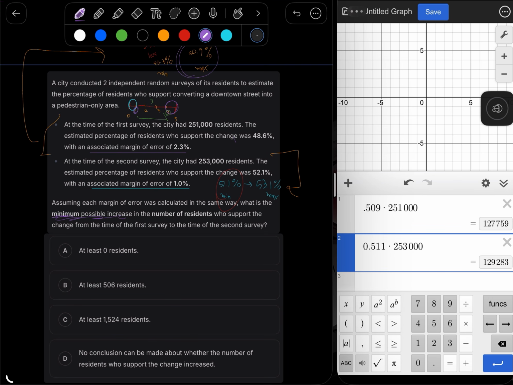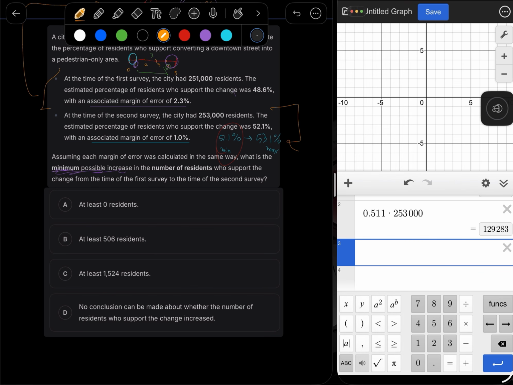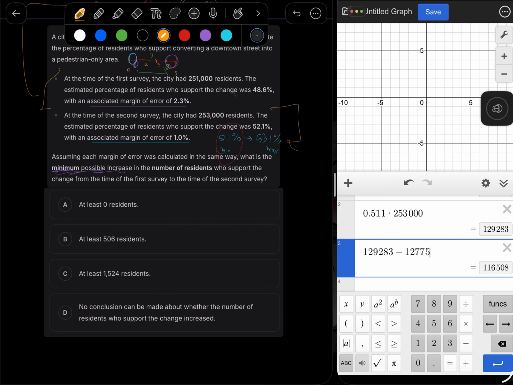Now, how do you find the increase? Just subtract those two: that number minus the previous number we got for survey one, and you get 1524, which matches answer choice C.